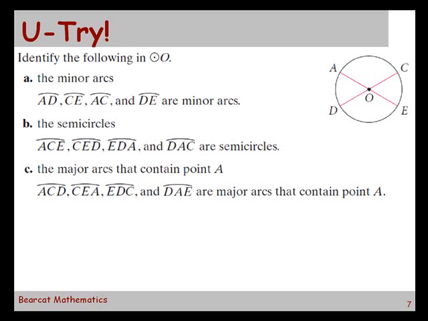They got the two where A is on the endpoint. They got the DAE. They don't have CAE, do they? They got CDE, which is the same as CAE. It's the same arc.